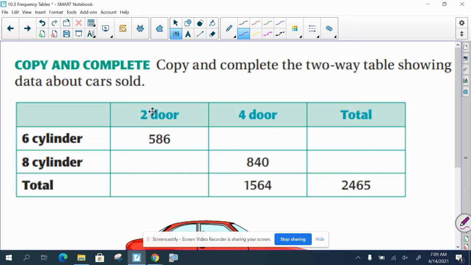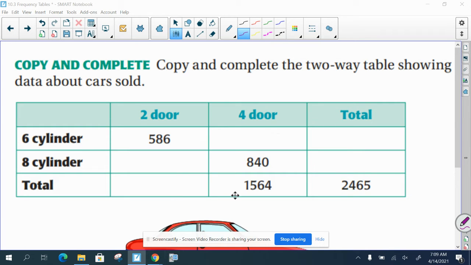Sometimes you might need to fill in a frequency table. Here we've got 6-cylinder and 8-cylinder cars, with 2 and 4 doors. There are a couple different ways you could start. You could start by finding the total of the 2-door, because if you know the whole total and the 4 doors, then you can just subtract to get the total of the 2-door.